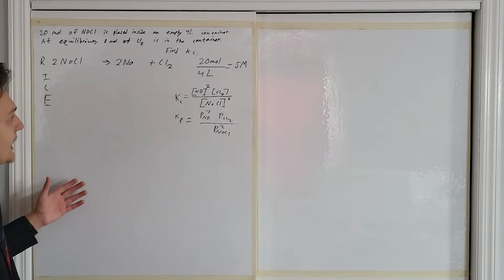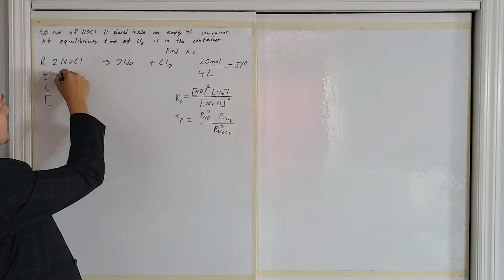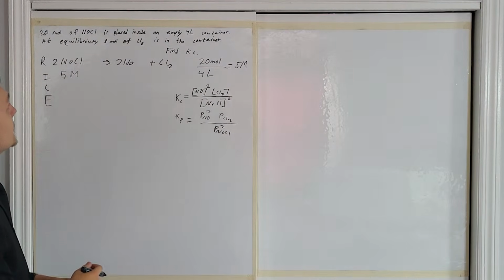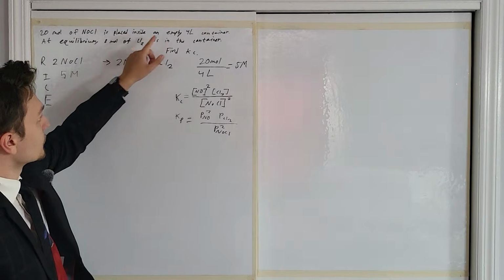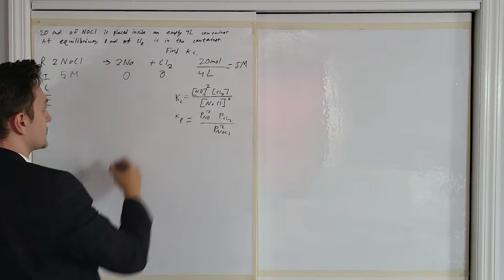That 5 moles per liter is my initial NoCl. It's going to be 5 molar. It said that the container is empty, which means I have 0 NO and 0 Cl2.